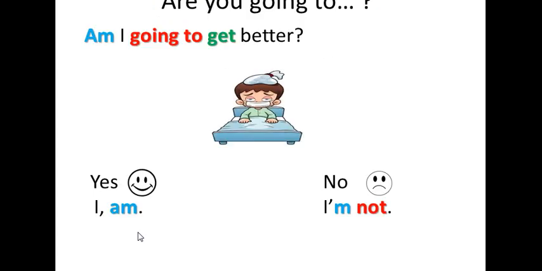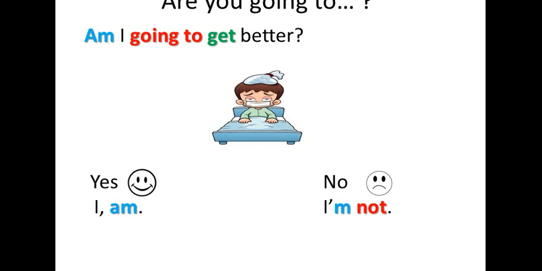After that, we have how to make questions in future tense. So at the beginning, we use are, is, or am depending on the subject. So, am I going to get better? If the answer is yes, you write yes, I am, because it's the same auxiliary of the question.